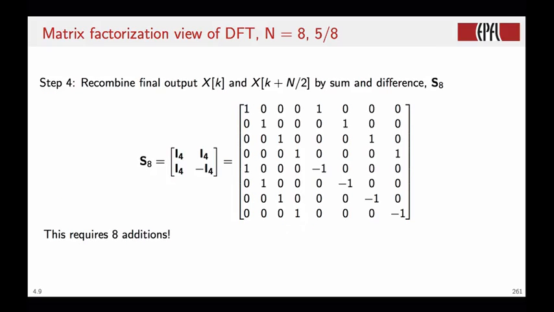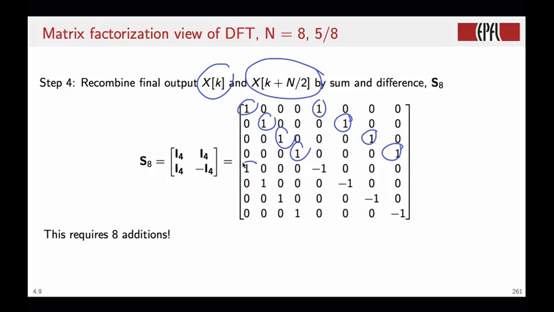Now we have to recombine the final output. If you remember, it's sums and differences of x_k and x_{k+n/2}. So we do this: the first output is a sum, the second output is a sum, the third output is a sum, the fourth is a sum.